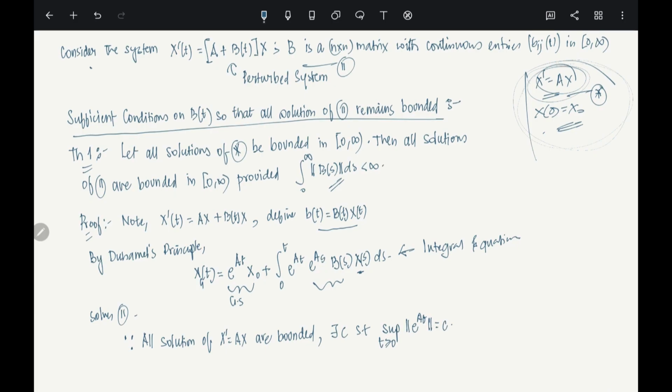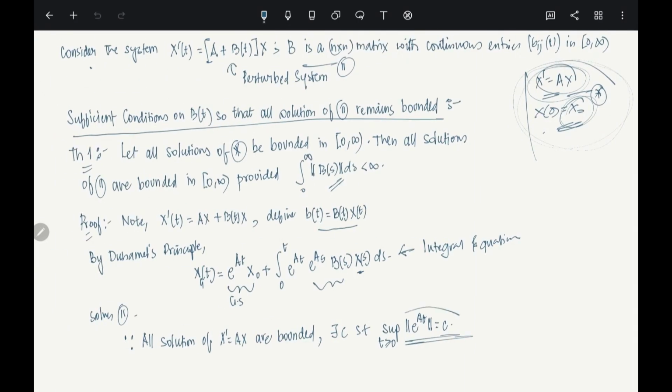It has to be. If they are bounded, x naught doesn't matter. x naught can pass through any point; it's basically an arbitrary number. I can change it to x naught plus delta x naught, doesn't matter. The only thing which provides the boundedness is what happens to the exponential matrix. Definitely, if all solutions are bounded, the supremum of e to the power At for t greater than or equal to 0 has to be some constant C, otherwise they are not going to be bounded.